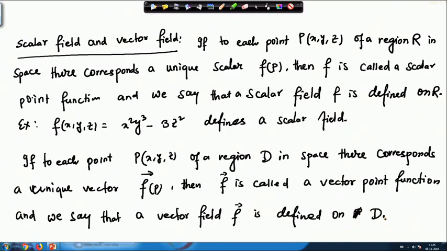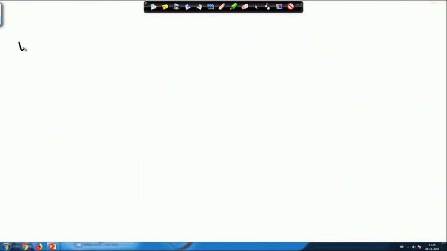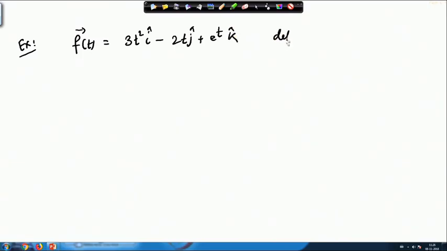That is how we define a vector field, and a possible example could be f(t) equals 3t squared i minus 2t j plus e to the power t k. This defines a vector field on the given domain.